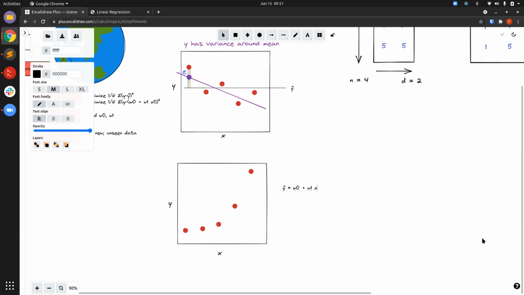Can anyone think of maybe a better function that would predict this? So our previous one was y equals mx plus b, slope plus intercept. But this particular data set does not fit that well at all. Is there some other function of x that we think it looks better like? Okay, so maybe it's an x squared. Right? Let's take a look at an x squared.